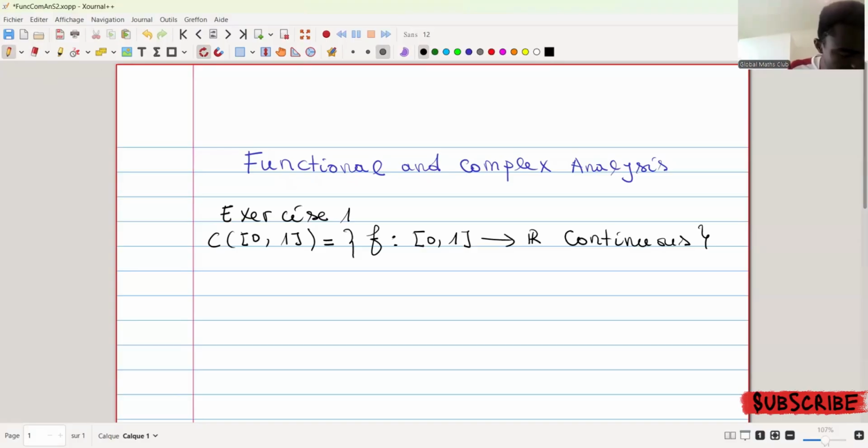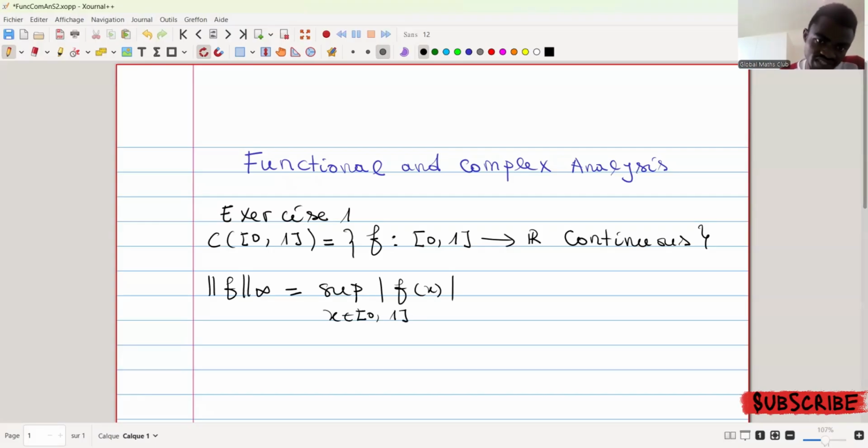We equip it with the supremum norm, as you know. This is what we call the supremum norm, which is the supremum of the absolute value of f(x) for x in [0,1].